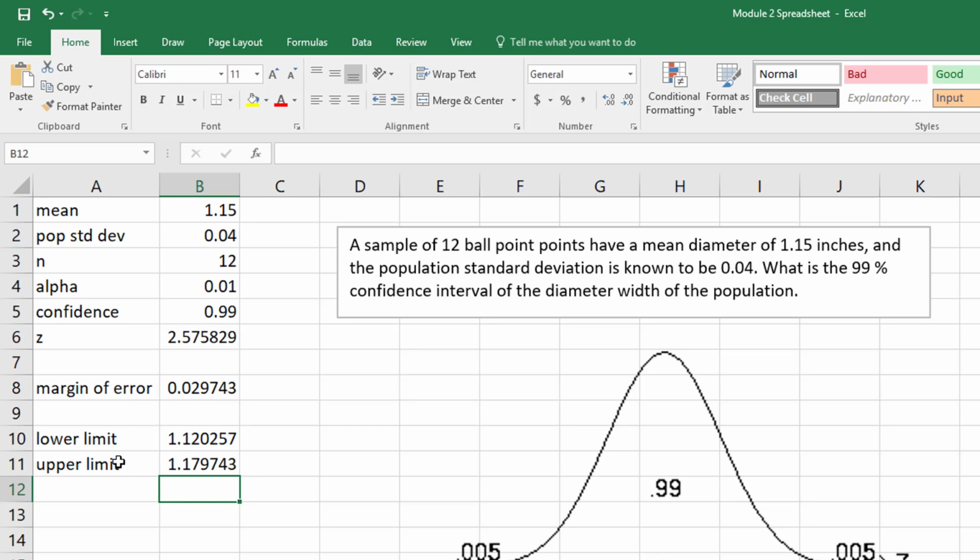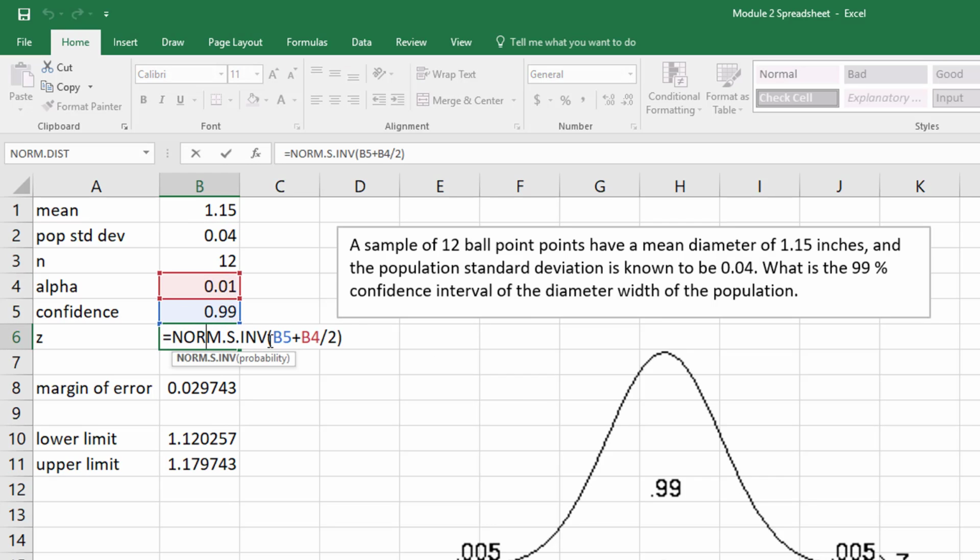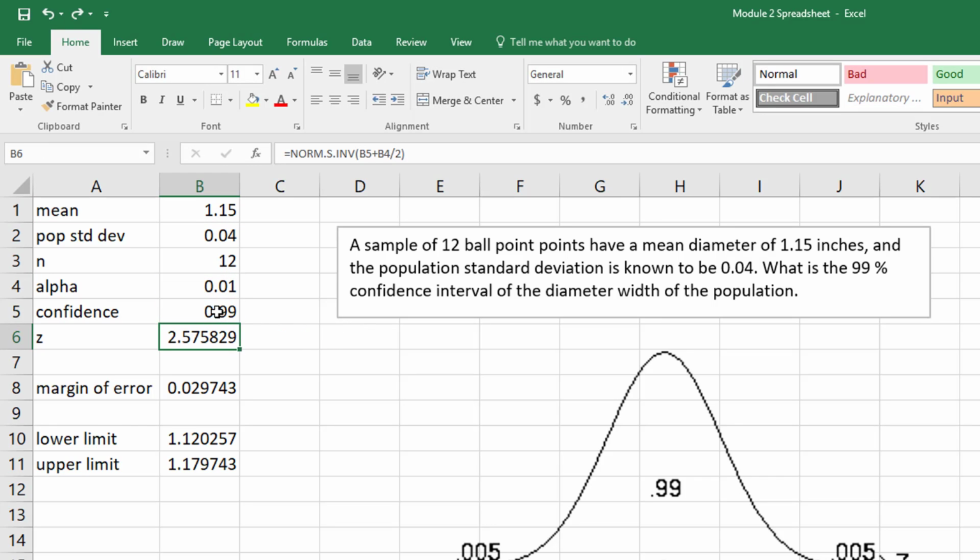But what's nice is, what if you take another sample and your mean is a different value? Watch these values down here. Say 1.03. Notice everything updates. That's the beauty of Excel, putting formulas like this in here. What if you wanted a different confidence?